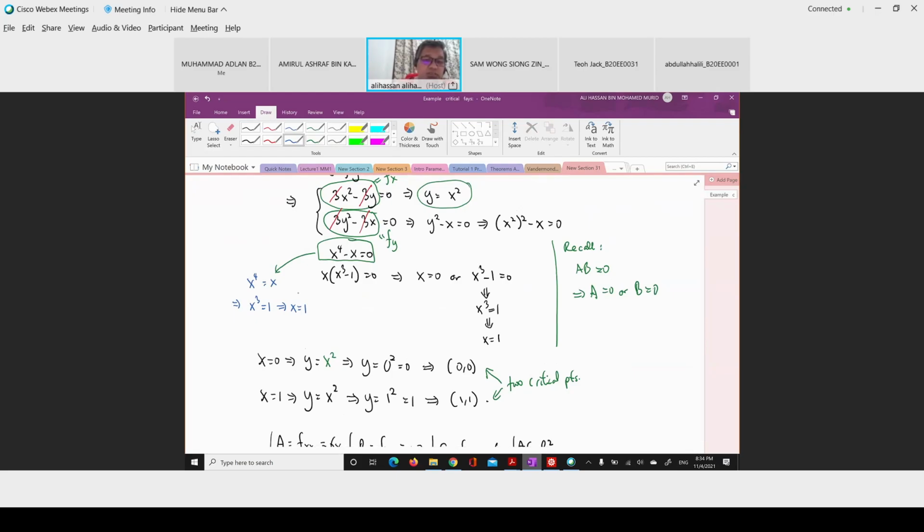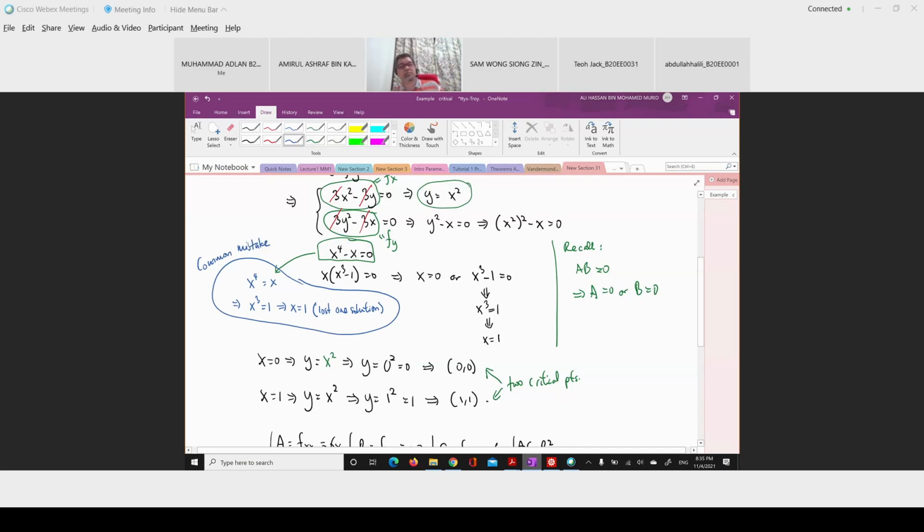Okay, here what I did was factorize. I didn't divide both sides by x. So here you lost one solution. This is a common mistake sometimes committed by students.